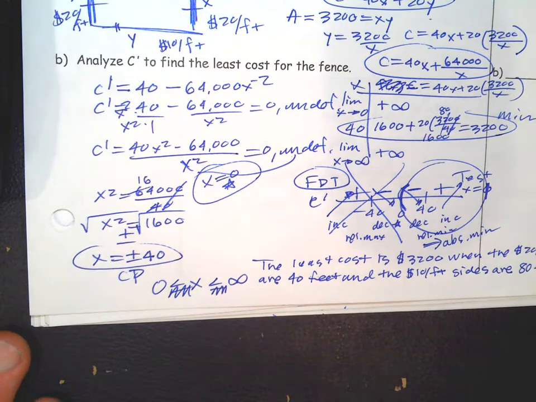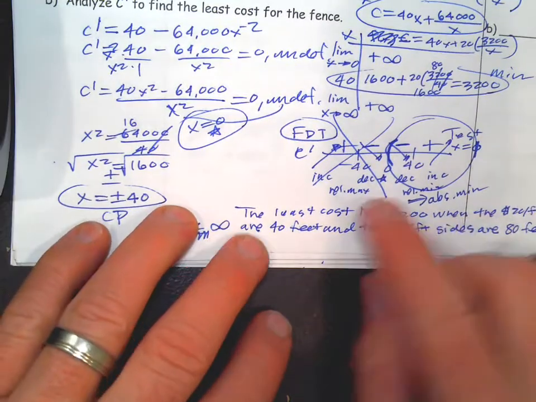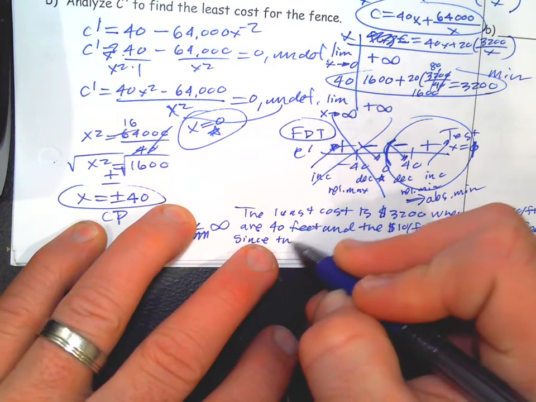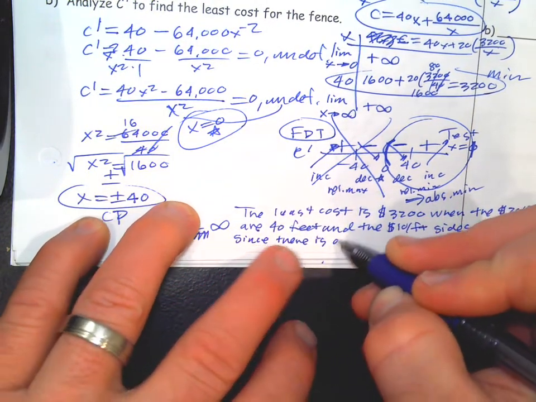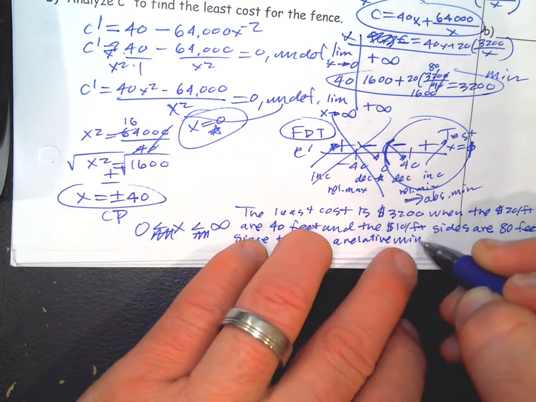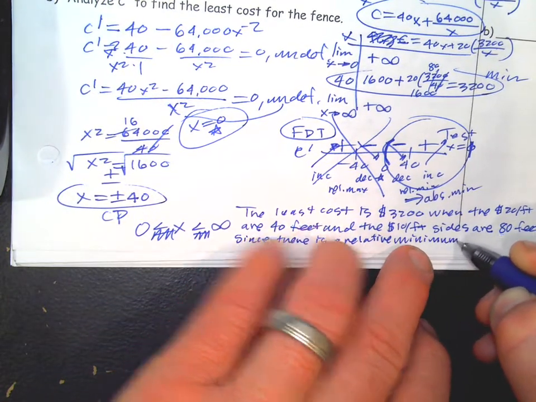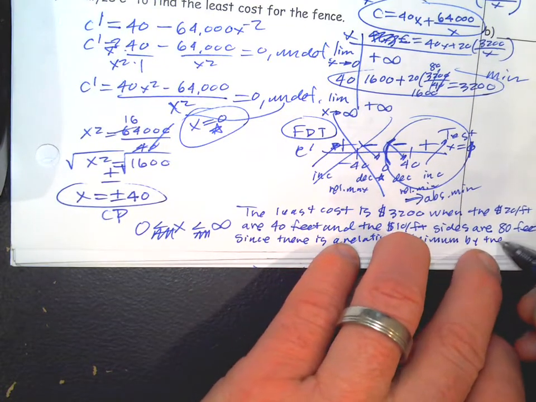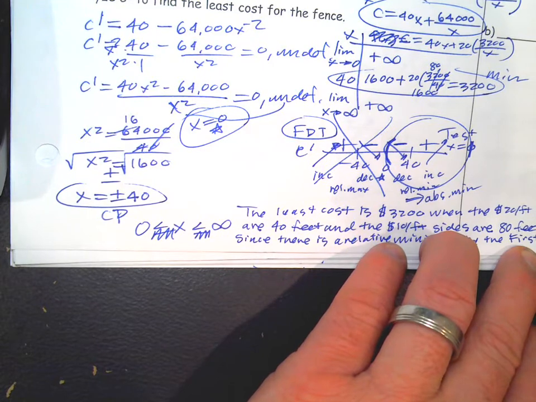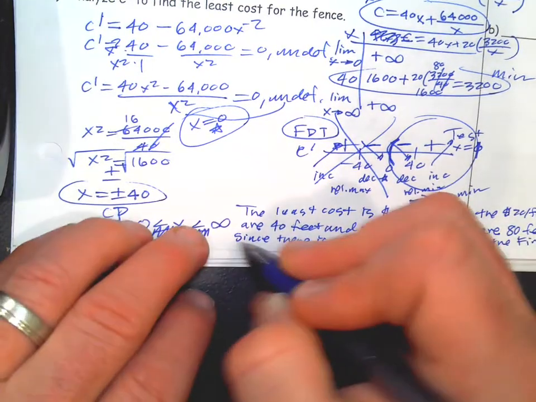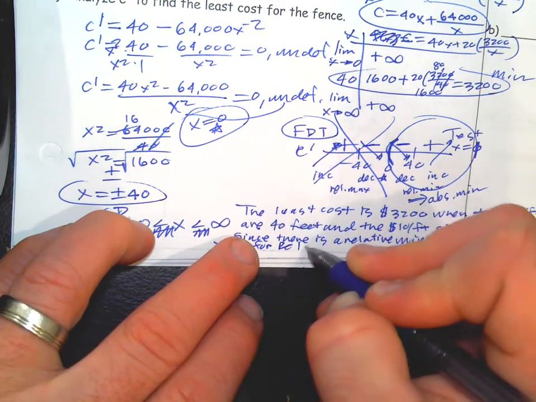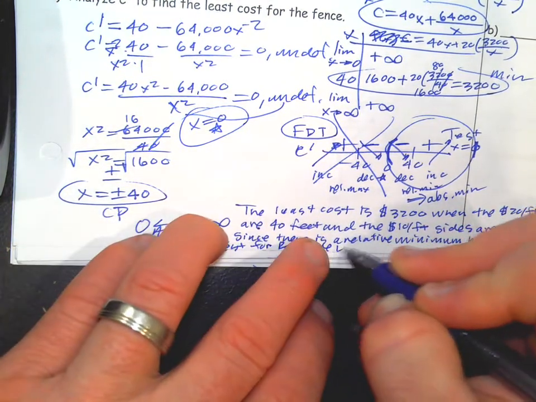To justify it, you've got to use the first derivative test. You could say since there is a relative minimum by the first derivative test, for relative extrema, you've got to explain how it works.